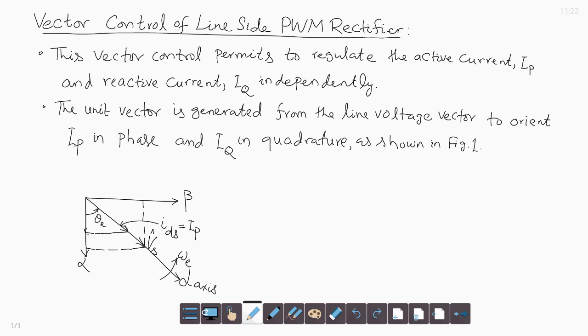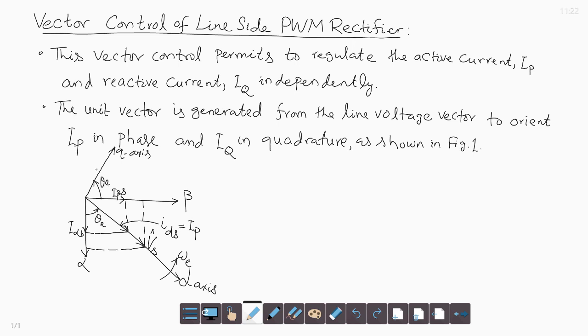Because this is the total current, this is I alpha S and this is I beta S. Q axis is at right angle to D axis, and this is the angle theta e.